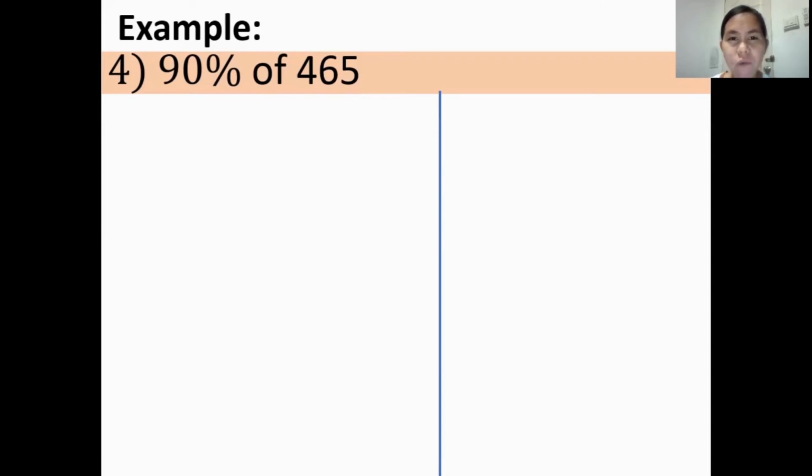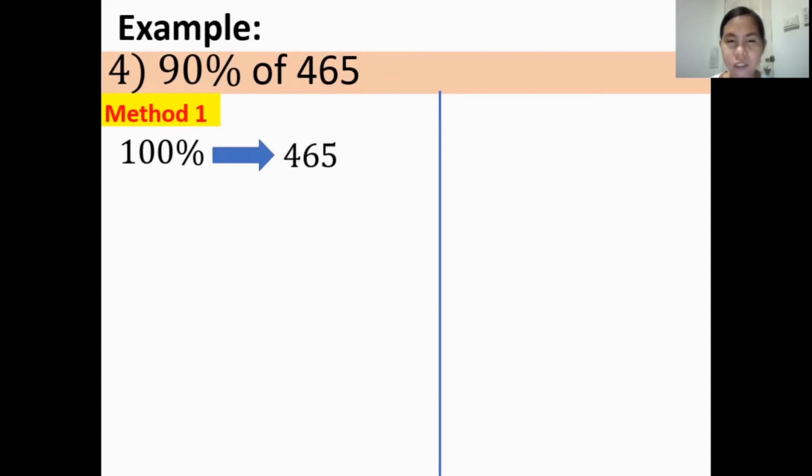90% of 465. Again, we need to find the 90% of 465. For method 1, we all know that 100% of 465 is equal to 465. Therefore, the 1% of it is equal to 465 over 100.